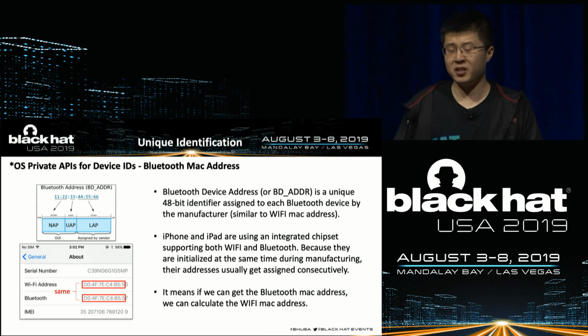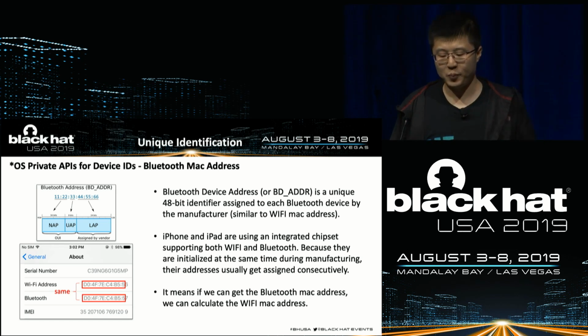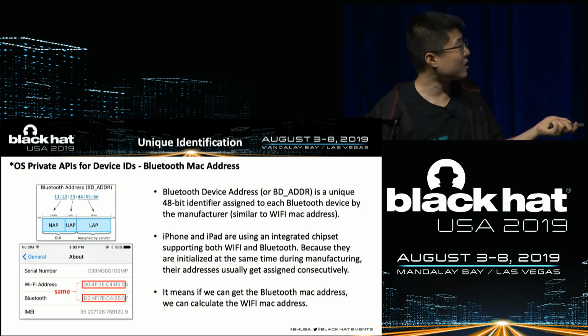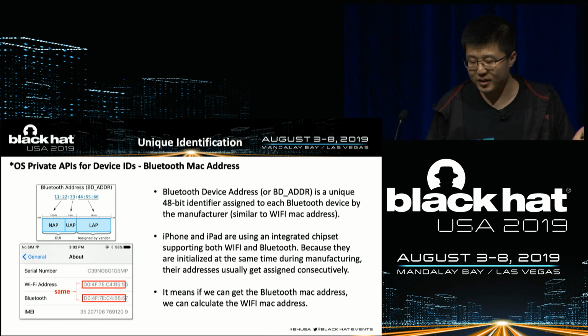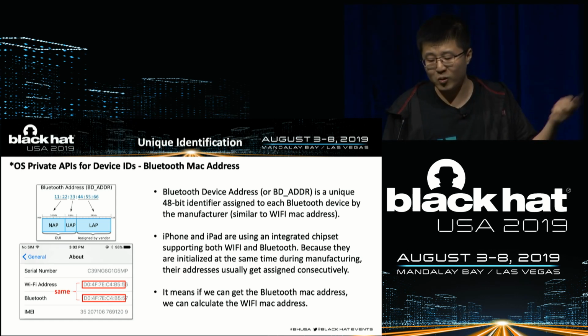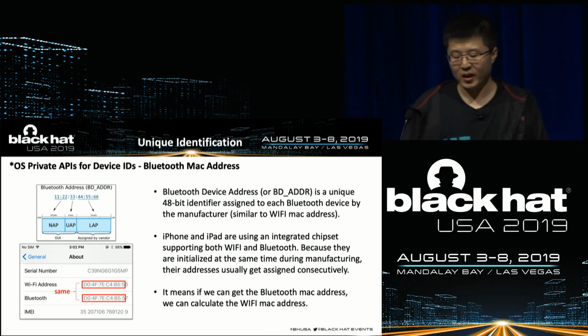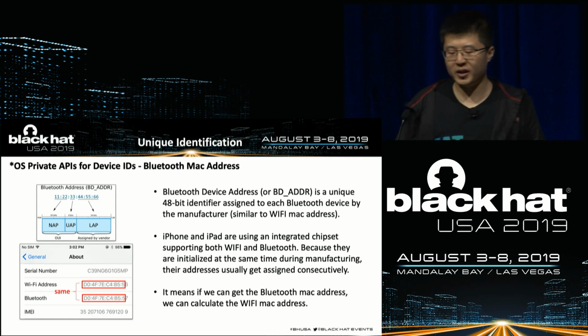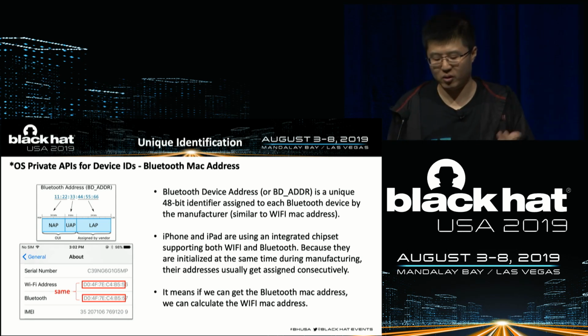Because they are initialized at the same time during manufacturing, their addresses usually get assigned consecutively. For example, this is my iPhone 6. As you can see, the Wi-Fi address and Bluetooth address are very similar. Only the last number is different. It means if we can get the Bluetooth MAC address, we can calculate the Wi-Fi MAC address as well.